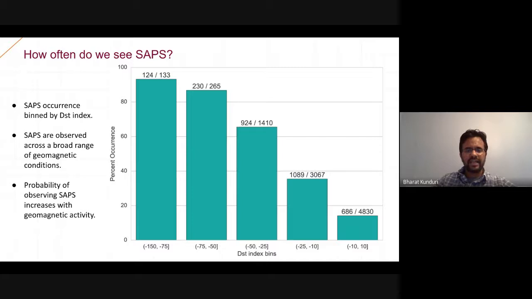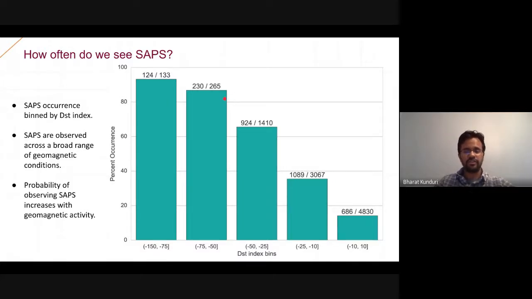In this case, we are presenting the percentage occurrence of SAPS events in SuperDARN, and the numbers on the top indicate the number of hours SuperDARN was operational under these geomagnetic conditions on the night side, and the number of hours we actually made observations of SAPS. It's not surprising, and has been shown before by several other studies, that if there is strong geomagnetic activity, you would very likely see a SAPS event.